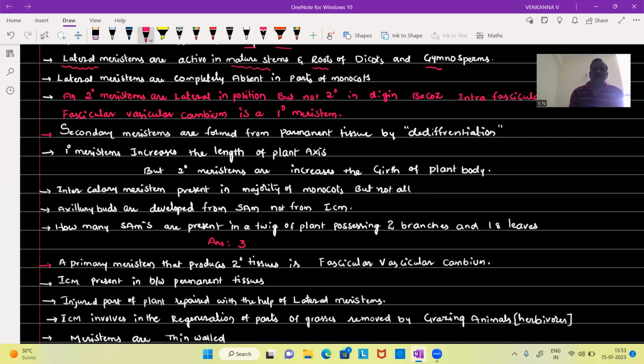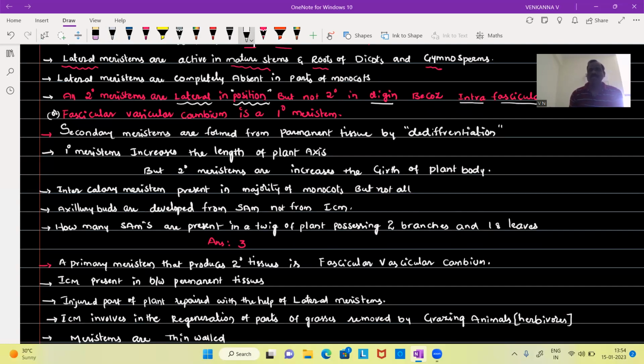You remember, all the secondary meristems are lateral in position, but not secondary in origin. Because you know about intrafascicular cambium, also called fascicular vascular cambium.